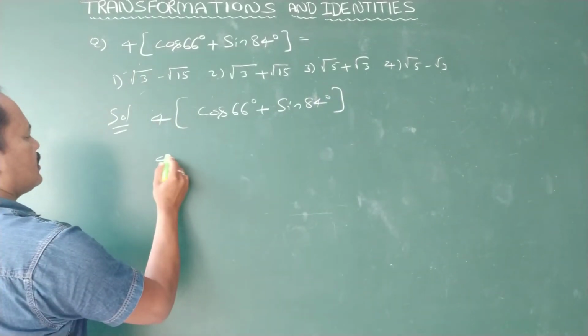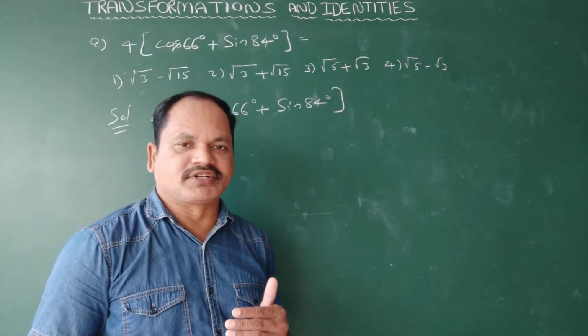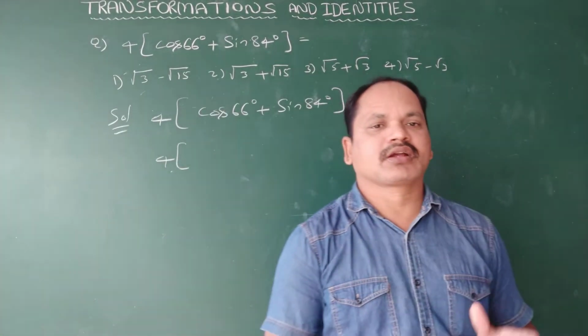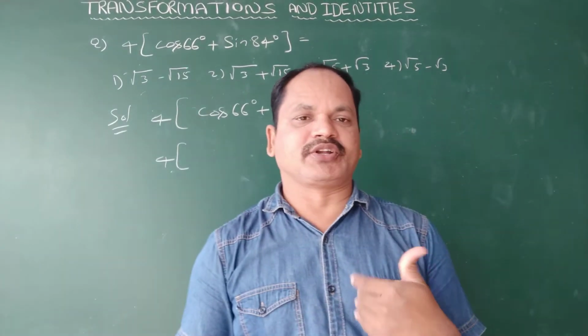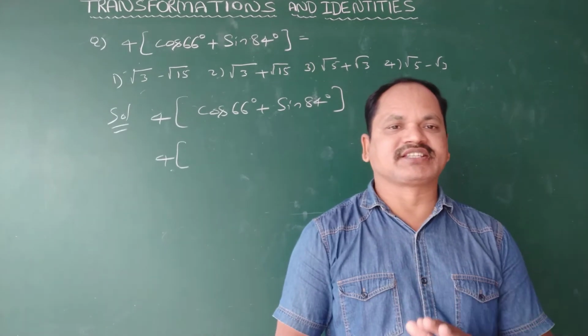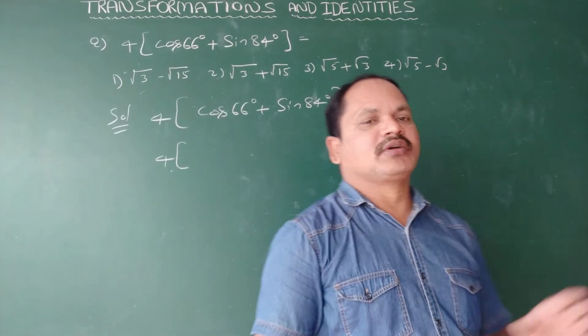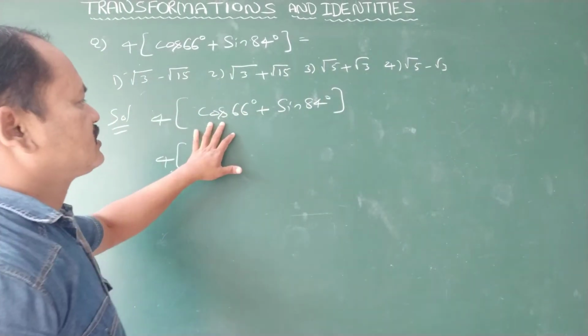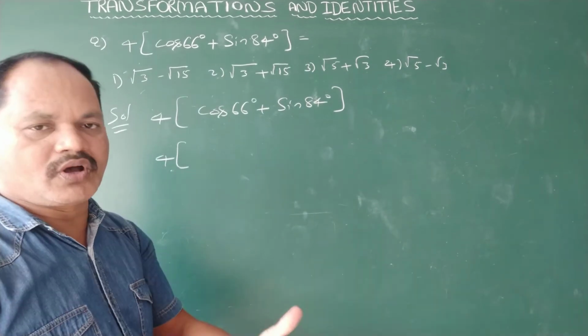Actually, we know from the transformation formulas that cos C plus cos D is 2 cos (C plus D)/2 cos (C minus D)/2, and sin C plus sin D is 2 sin (C plus D)/2 cos (C minus D)/2. But here it is cos plus sin, so the sin can be transferred into cos.